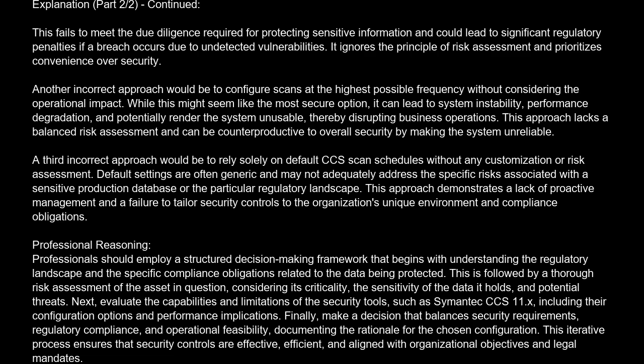Next, evaluate the capabilities and limitations of the security tools, such as Symantec CCS 11X, including their configuration options and performance implications. Finally, make a decision that balances security requirements, regulatory compliance, and operational feasibility, documenting the rationale for the chosen configuration. This iterative process ensures that security controls are effective, efficient, and aligned with organizational objectives and legal mandates.